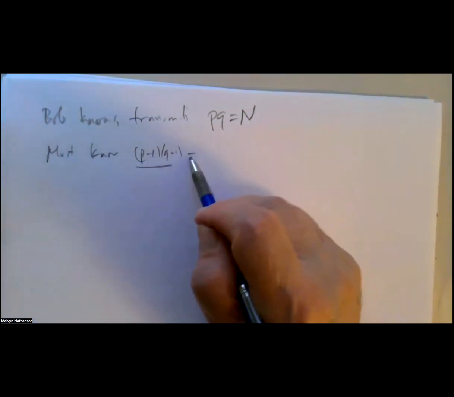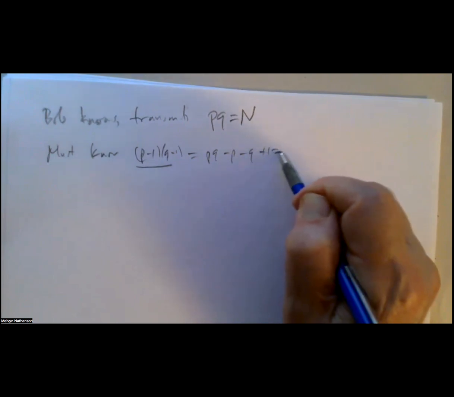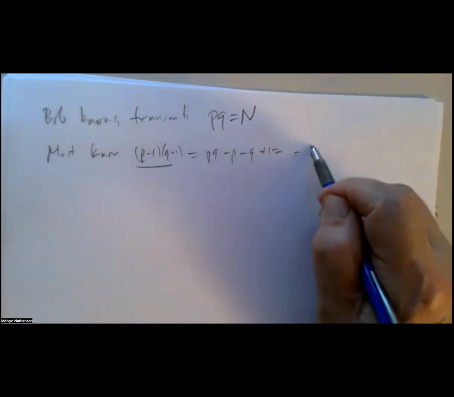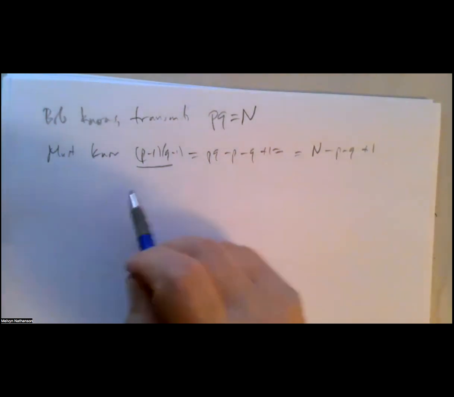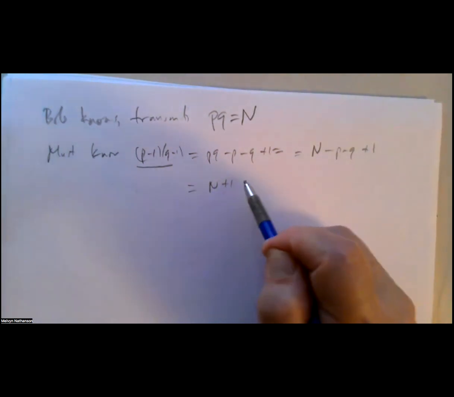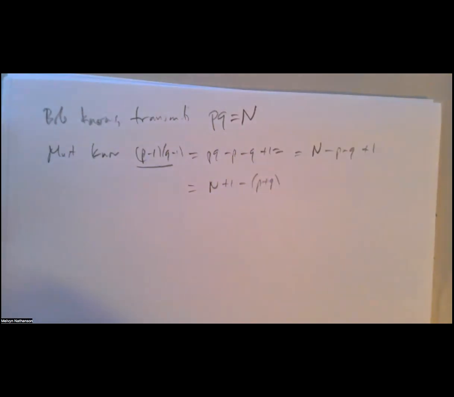Now, if you know this, then you can find D from E. If I just multiply this out, this is PQ minus P minus Q plus one. This is N minus P minus Q plus one, or N plus one minus P plus Q.